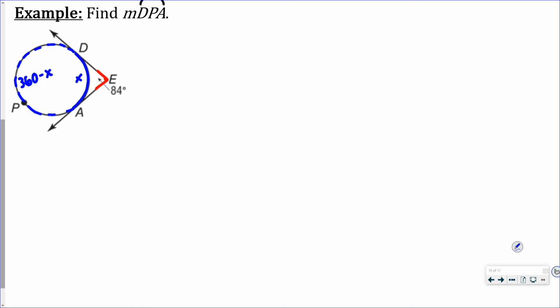So we know 84 is 1/2 big arc, 360 minus X, minus little arc, minus X. And then they solve this for X.